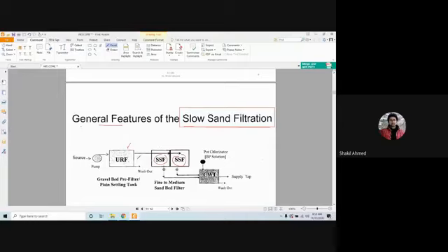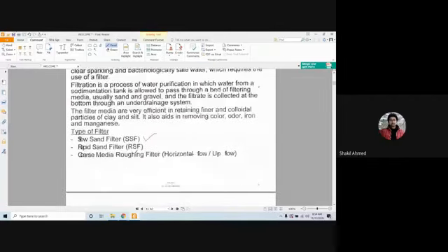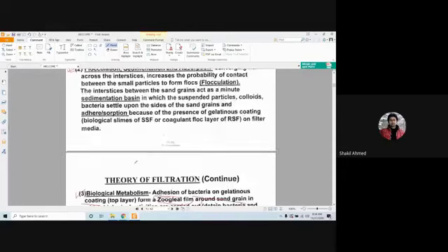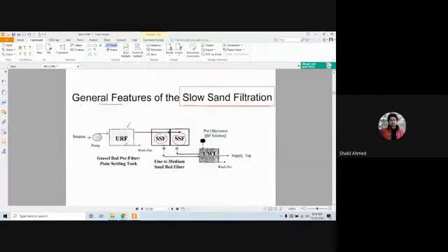Now this is the roughing filter. RF means roughing filter. If we go back, we have slow sand filter, rapid sand filter, and coarse media roughing filter. So this is basically a roughing filter.